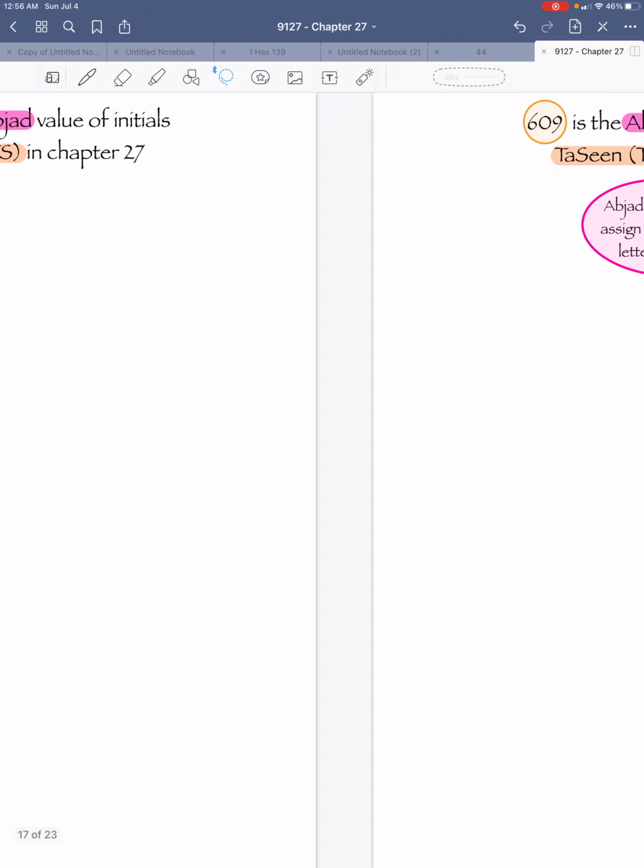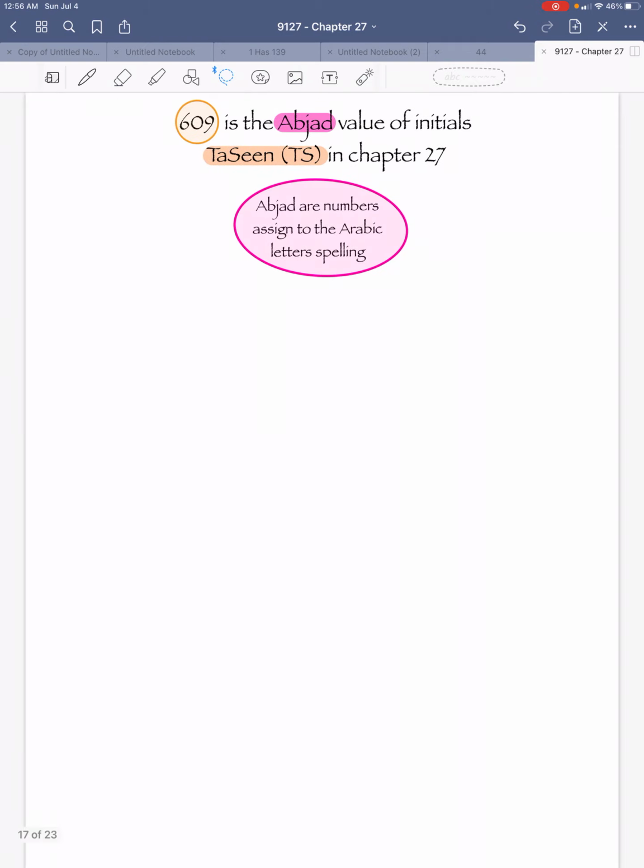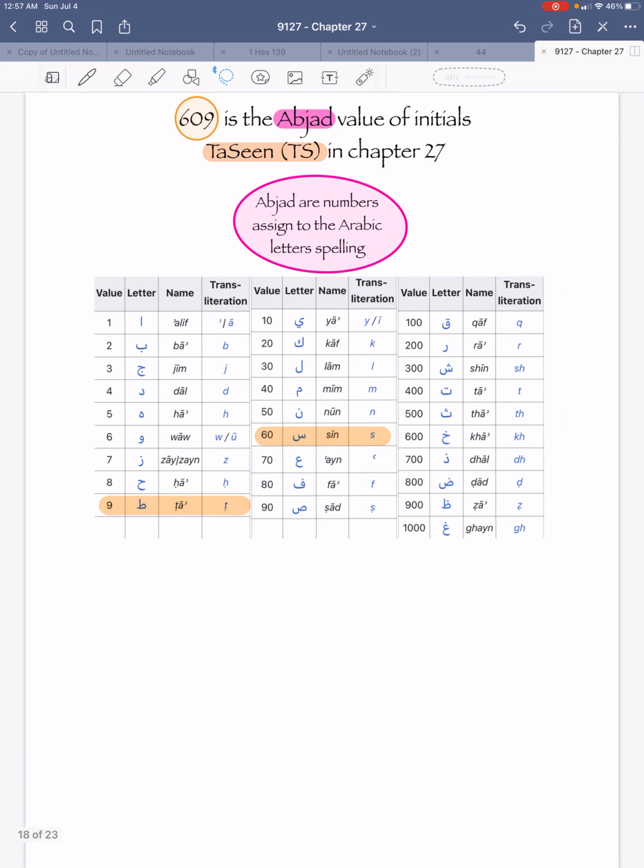What is an abjad? Abjad are numbers assigned to the Arabic letter spelling. Basically, every letter in the Arabic alphabet has a number assigned to it. Here is the list.